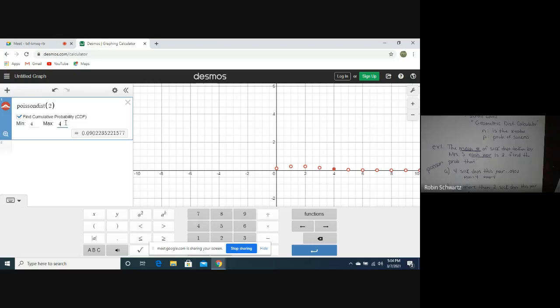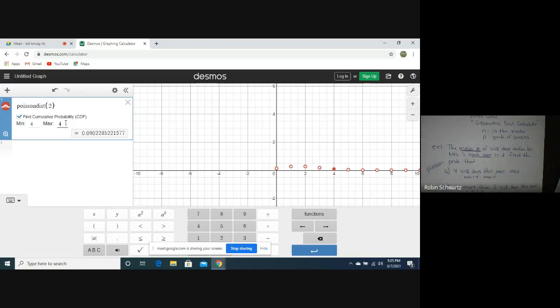Okay, the next one, no more than 2 sick days. What does no more than 2 sick days mean? Well, no more than 2 means I'm looking to have 0, 1, or 2. I just can't be over 2. So we're going to set the min to 0 and the max to 2.